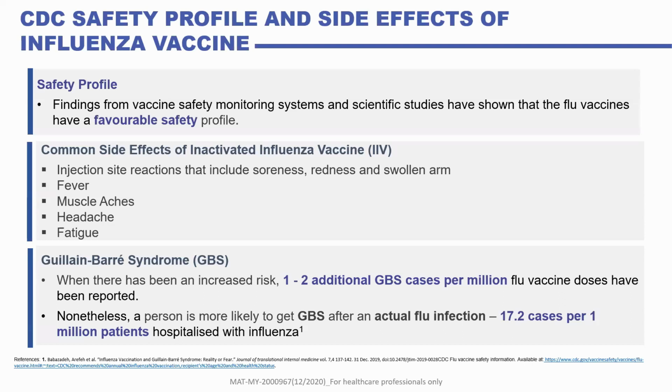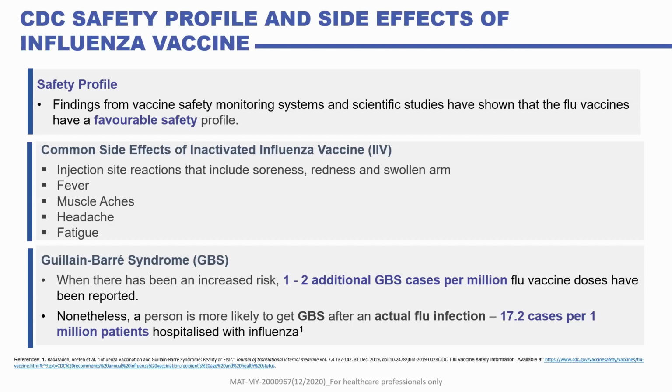The common side effects include local side effects like soreness, weakness, or a swollen arm. Some patients may experience fever. I think the majority of them do not have fever, and occasionally patients may experience mild influenza-like symptoms such as muscle aches, headache, and fatigue.